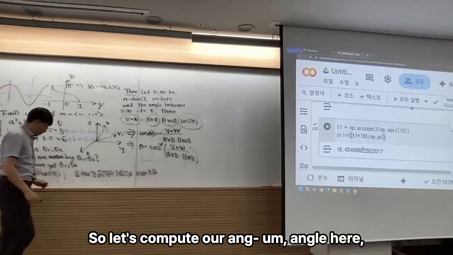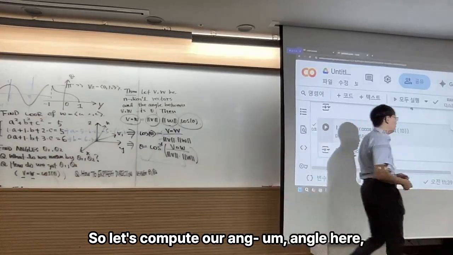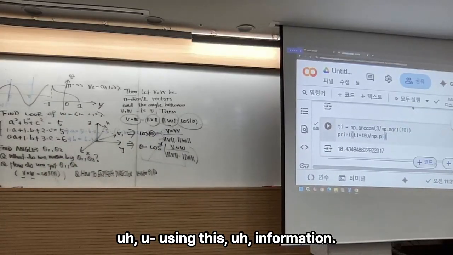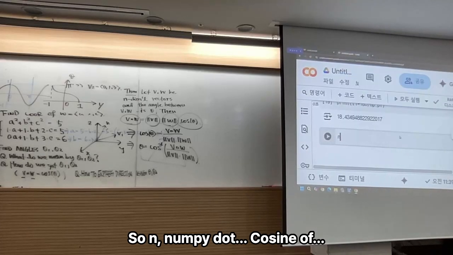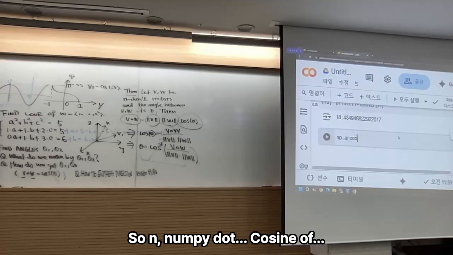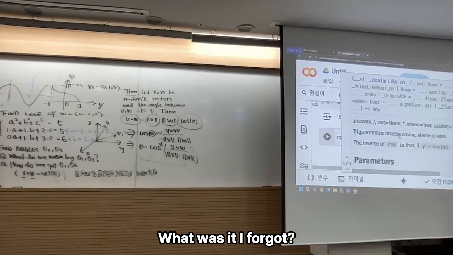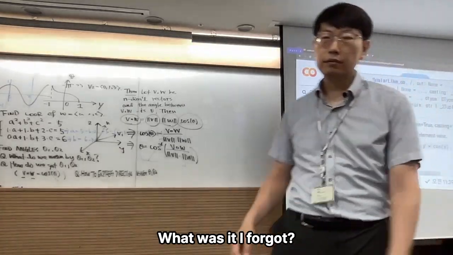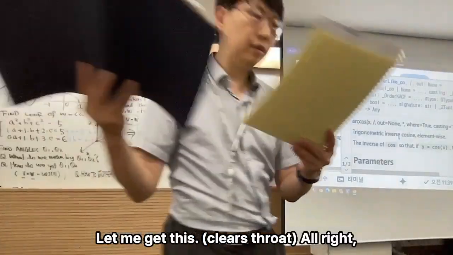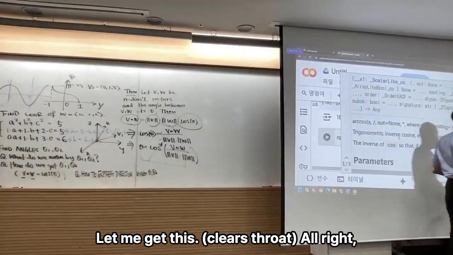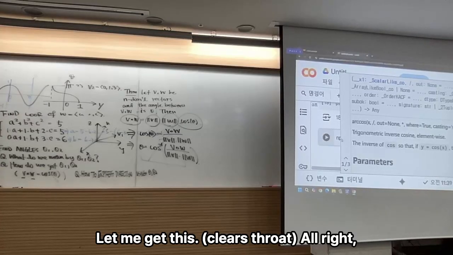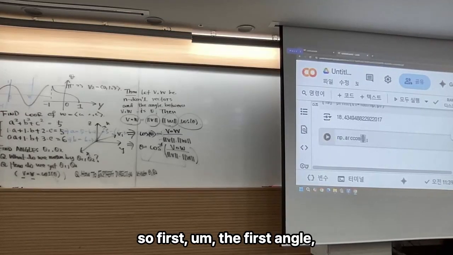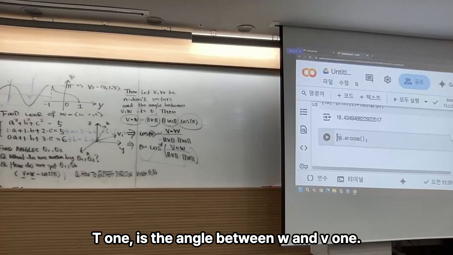So let's compute our angle here using this information. So in numpy, arc cosine of, what was it? Forgot. Let me get this. Right, so first, the first angle, T1, is the angle between W and V1.